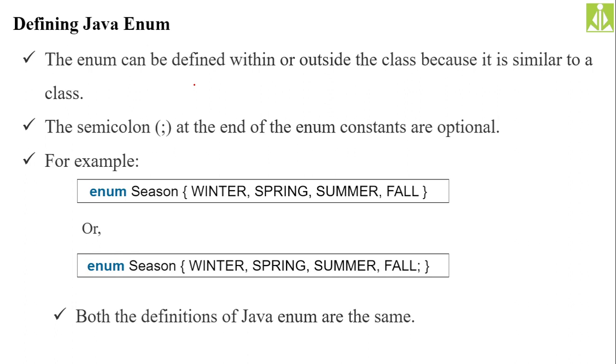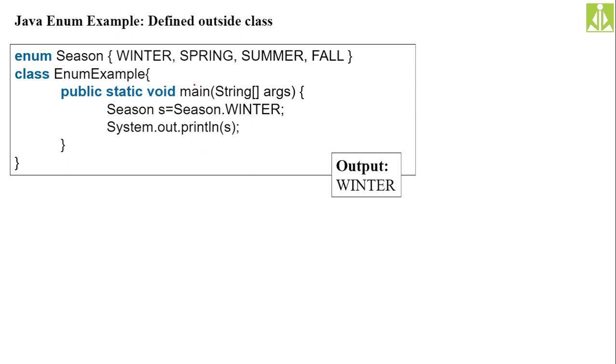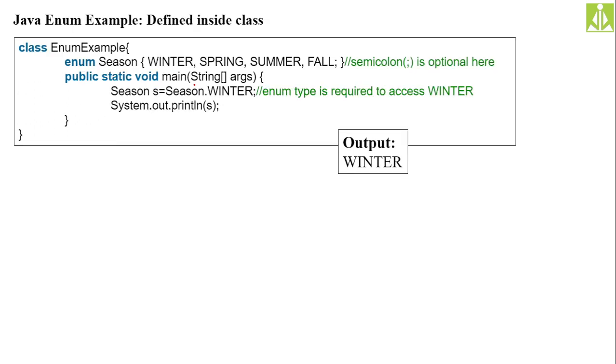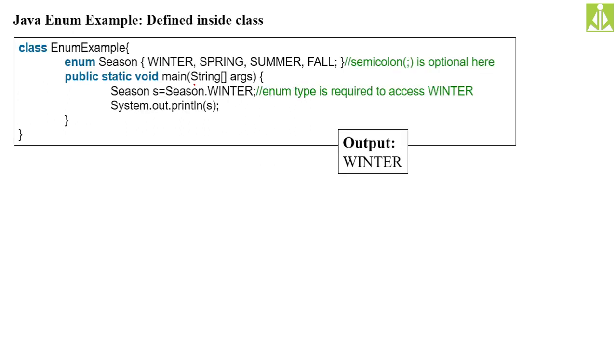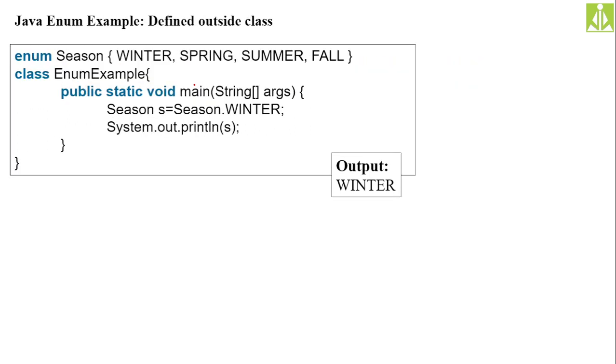Those two definitions we will see. Then we discuss a simple example on that, and how we can define it inside a class and outside a class. That example we will see, and how we can keep a main method inside the enum, that also we will see.